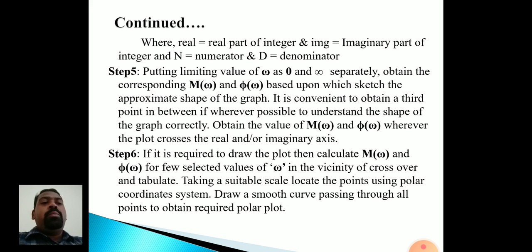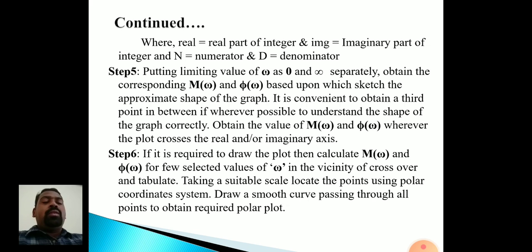In step number 5, put the limiting values of omega as 0 and infinity and find the endpoints of the polar plot. If necessary, find the third point, wherever possible, to understand the shape of the graph correctly; that will tell the nature of your polar plot. By that you can find where the polar plot crosses the imaginary axis.